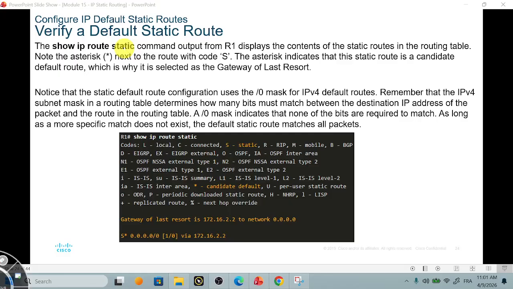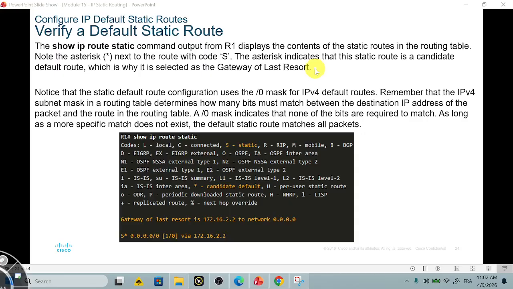The command output from R1 displays the contents of the static routes in the routing table. Note the asterisk, this star, next to the route with code S. The asterisk indicates that this static route is a candidate default route, which is why it's selected as the gateway of last resort.